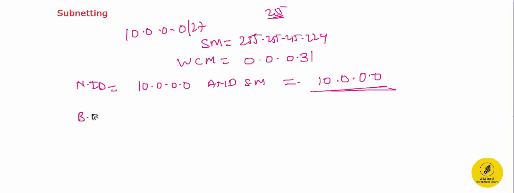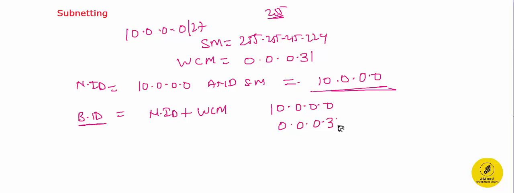So you now have the network ID. Now you need to find the broadcast ID. Broadcast ID is the last IP address of a network. To find the broadcast ID, you use the network ID and add the wildcard mask to it. This addition is done in decimals. For example, the network ID here is 10.0.0.0 and the wildcard mask is 0.0.0.31.